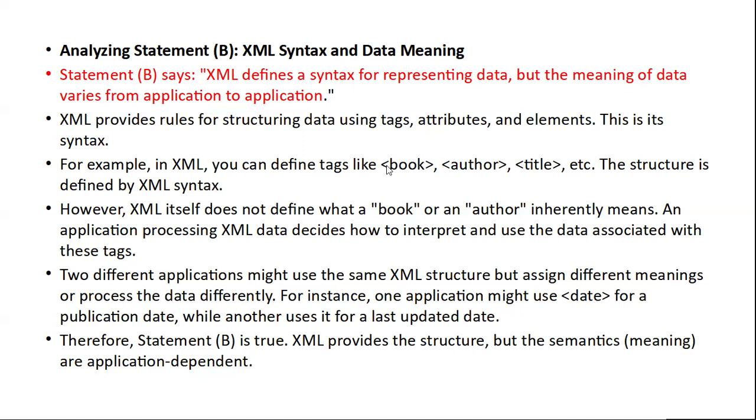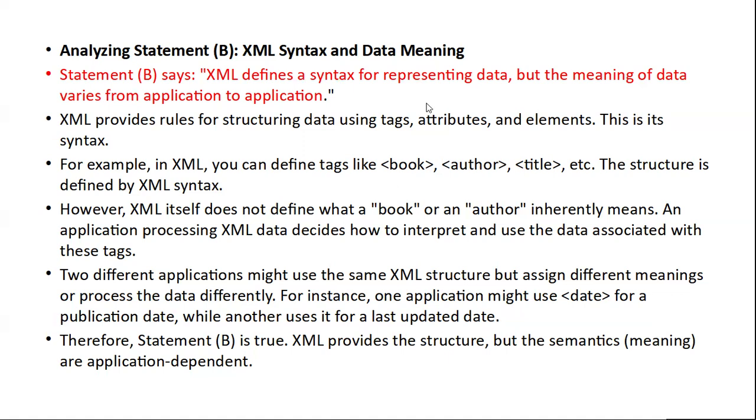The XML-defined tags have their own meaning. Two different applications might use the same XML structure but assign different meanings or process the data differently. For example, in one application we use a date for publication, but in another application it may be a last updated date.